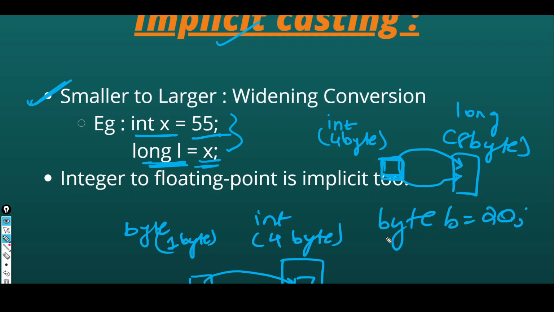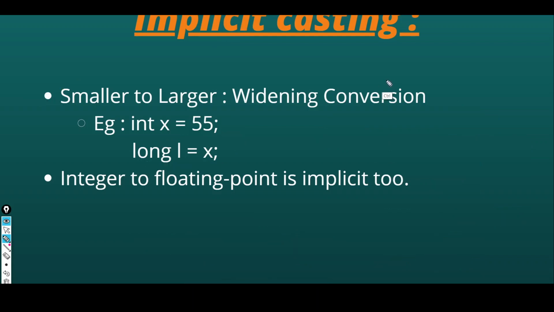For example, your byte variable b is 20, and now int i is equal to b. You are casting b to i, so you can easily store 20 over here, because int is a bigger container. Clear? So this is implicit typecasting.